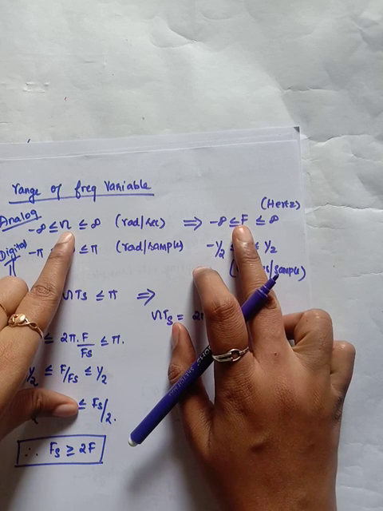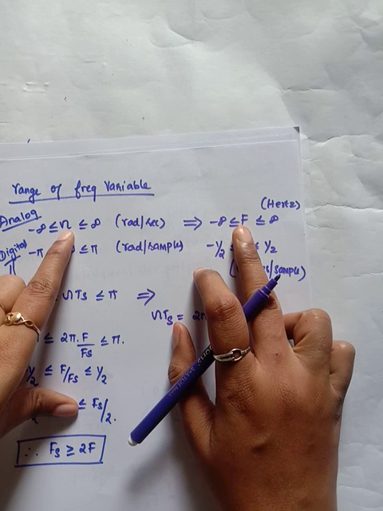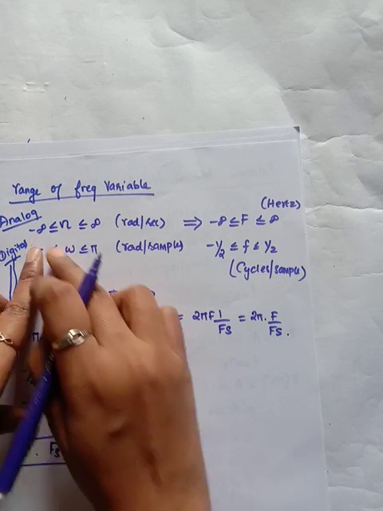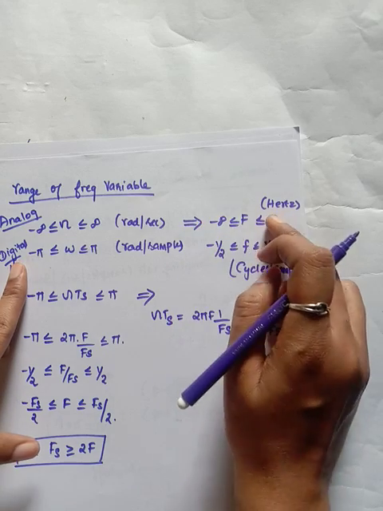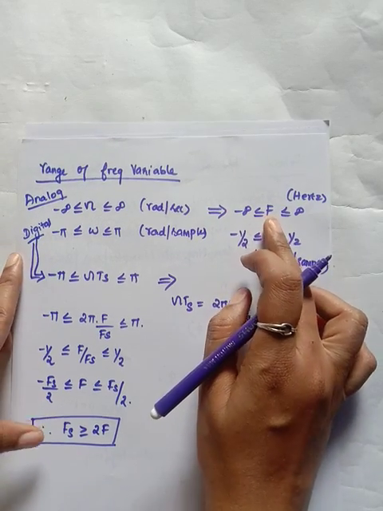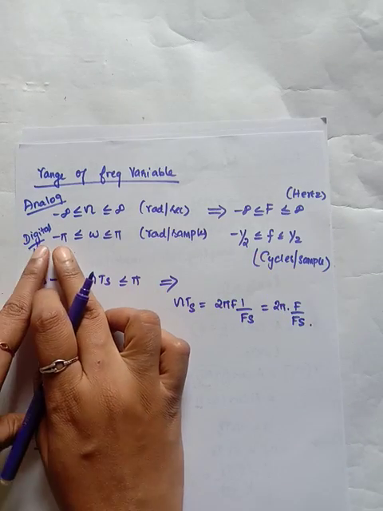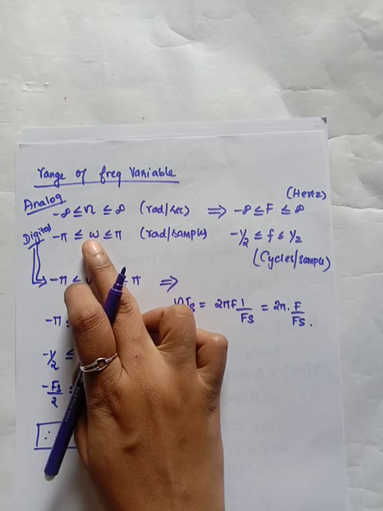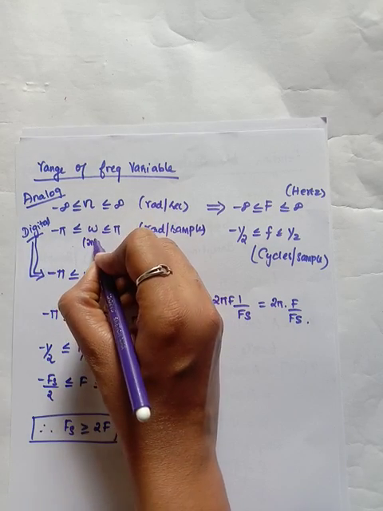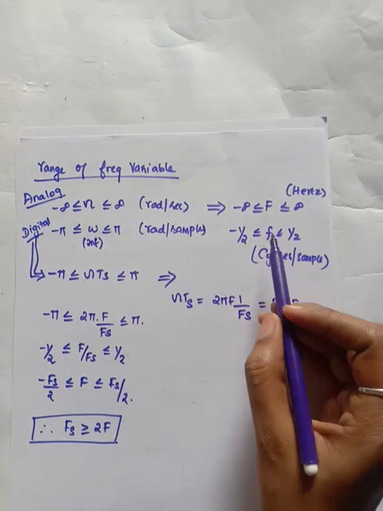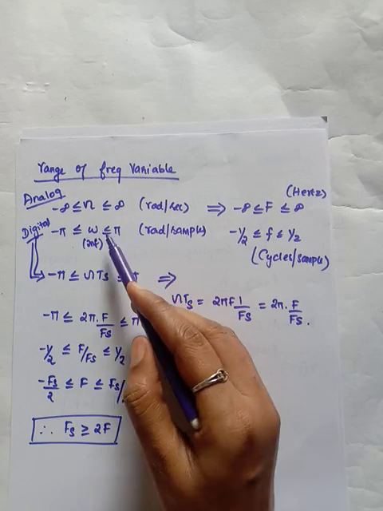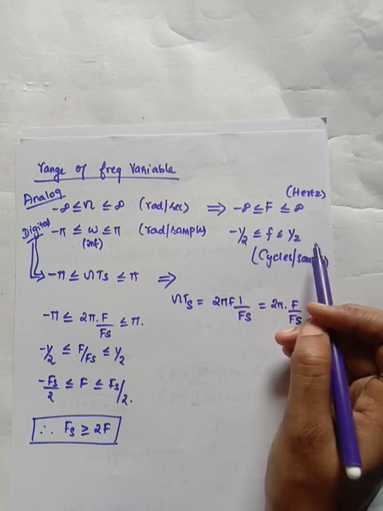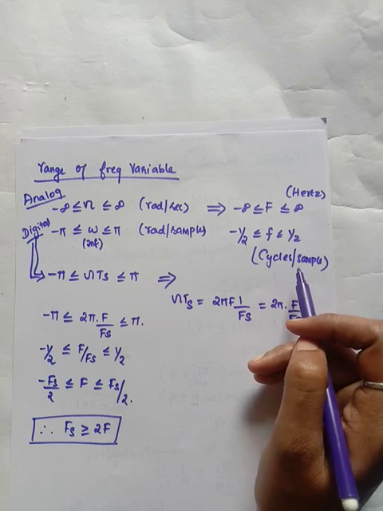For omega we can substitute 2 pi f, so when you put 2 pi f, the pi will get cancelled. If I write only in terms of f, I will get minus 1 by 2 to 1 by 2. This is represented in cycles per sample.